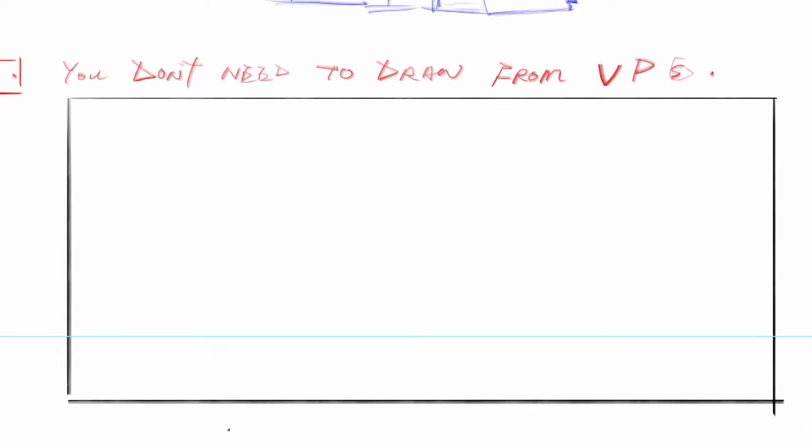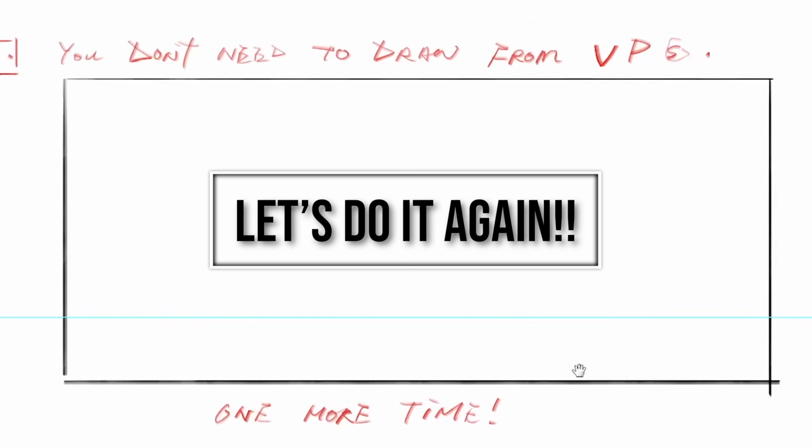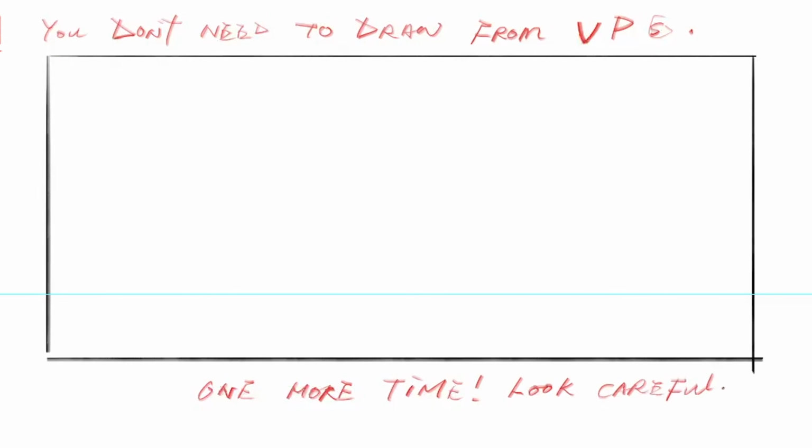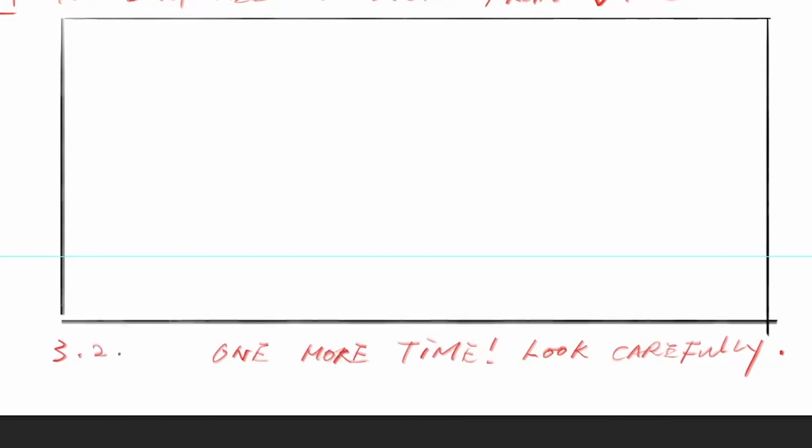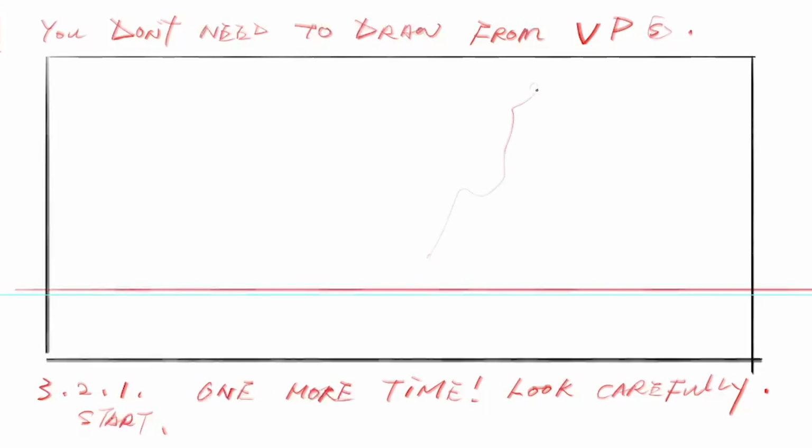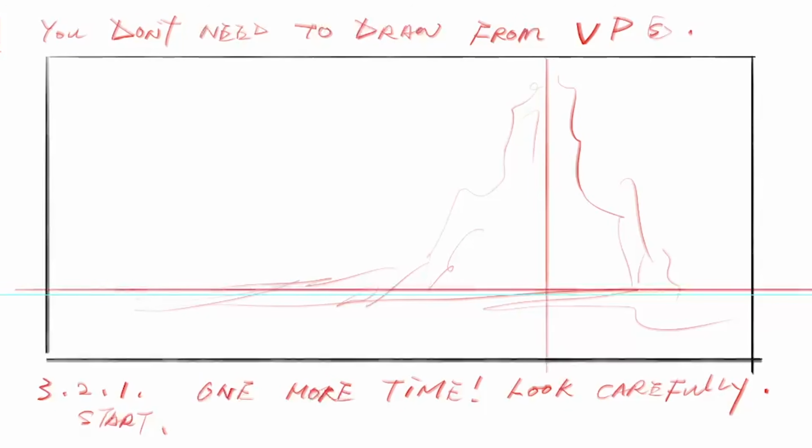Okay, let's try it one more time. For those who didn't see it earlier, look carefully because it's going to be very fast. 3, 2, 1, start. Horizon line, design in the 1/3 area. Draw a straight line. You can put your unit, skew it up on that line, which is where your main design is.